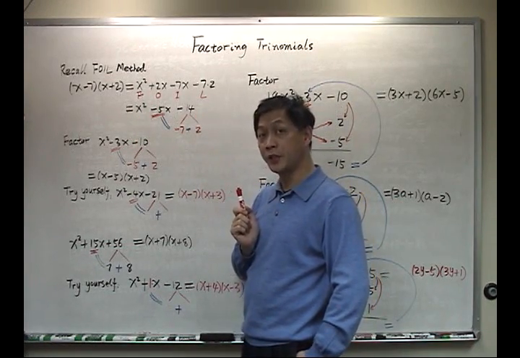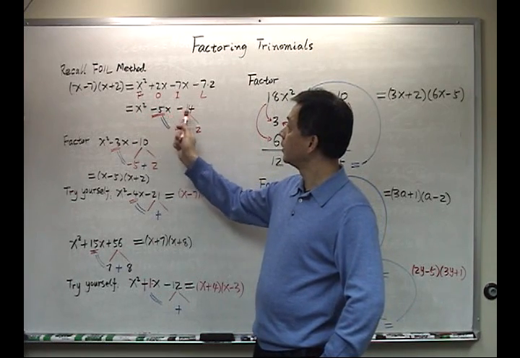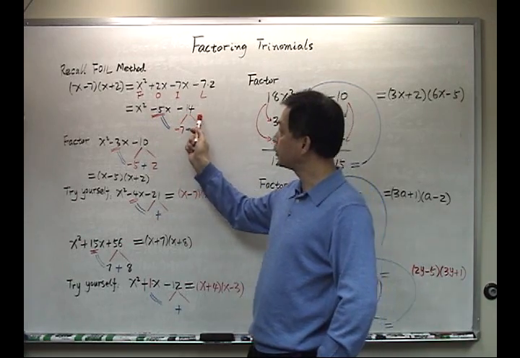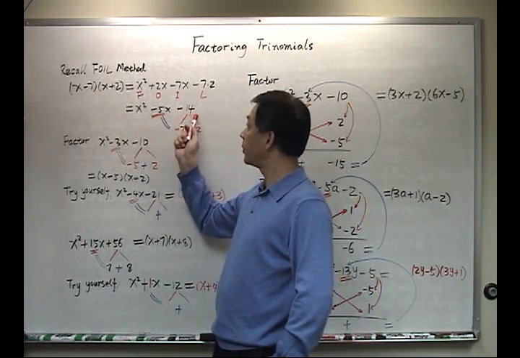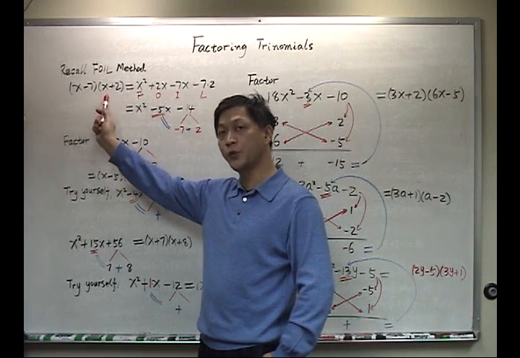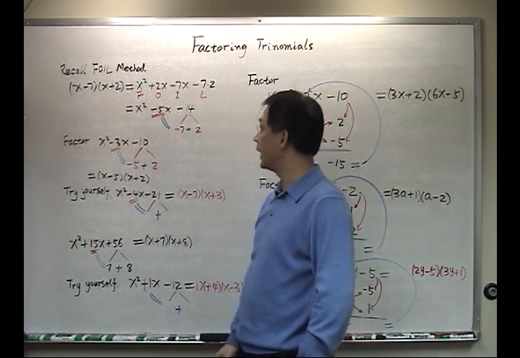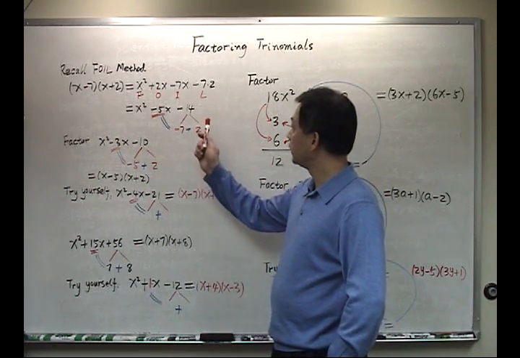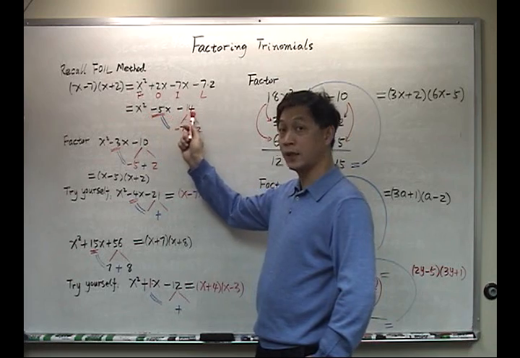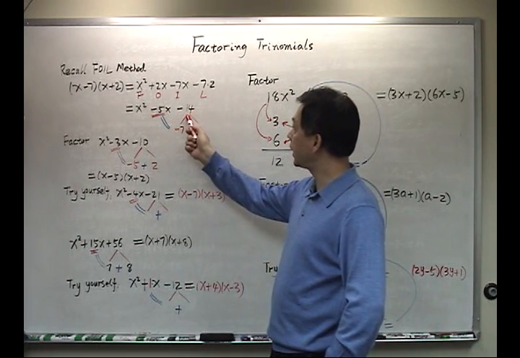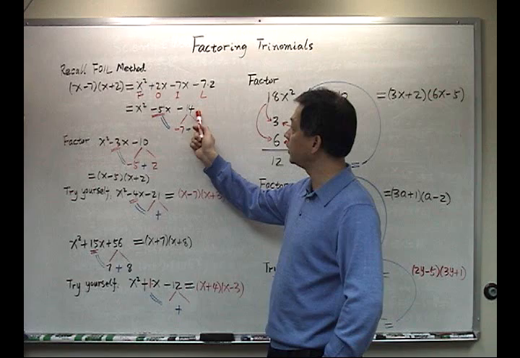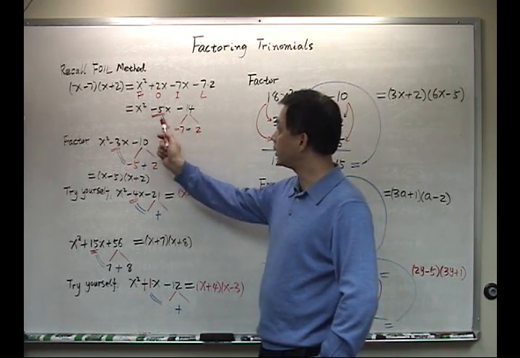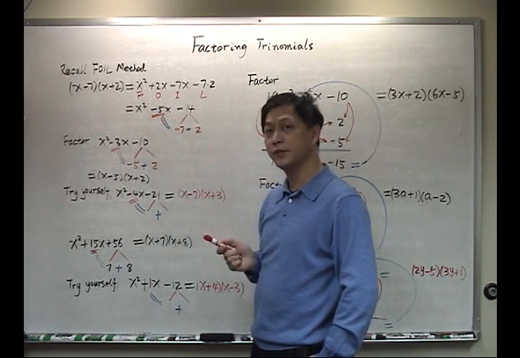And eventually you will end up with a trinomial. For factoring, given a trinomial like that, we want to write this trinomial as a product of two binomials. Okay? So basically, if you are given a trinomial like this, you want to break up this constant, negative 14, into two different numbers that add together to give negative 5.